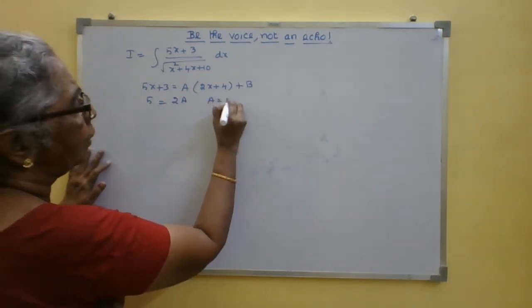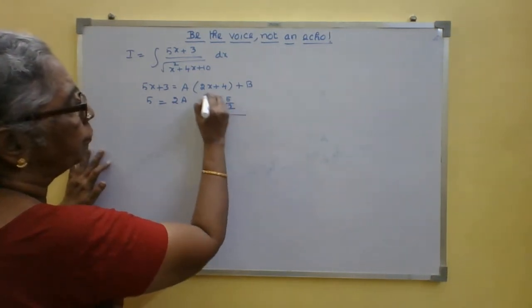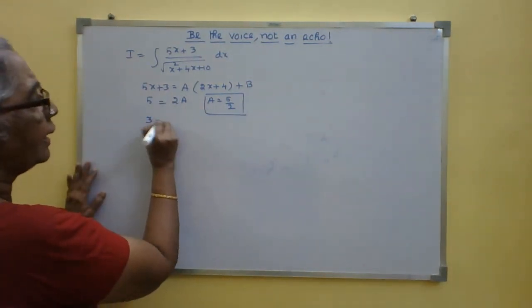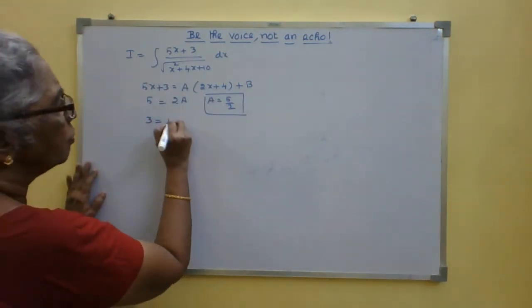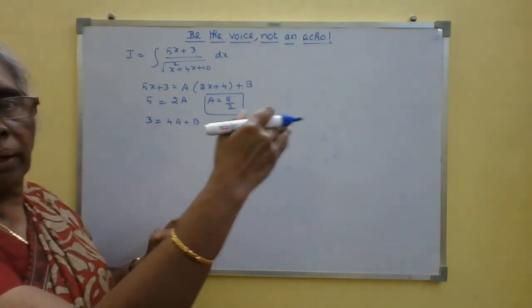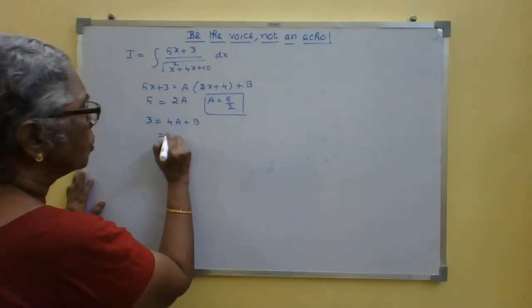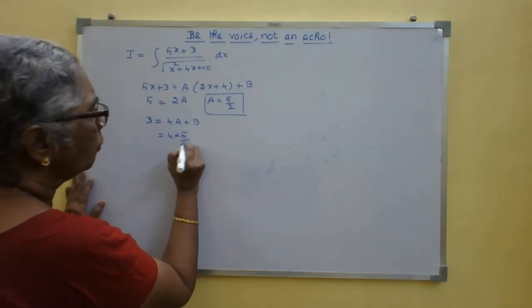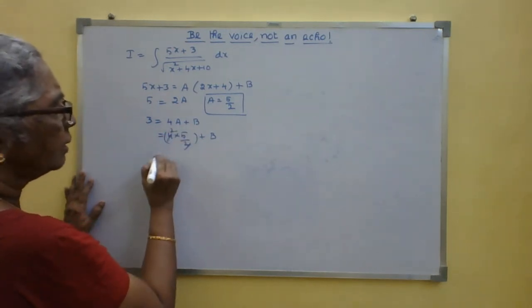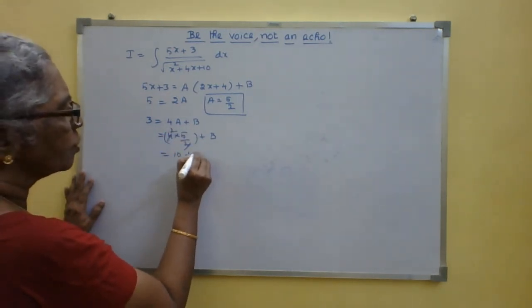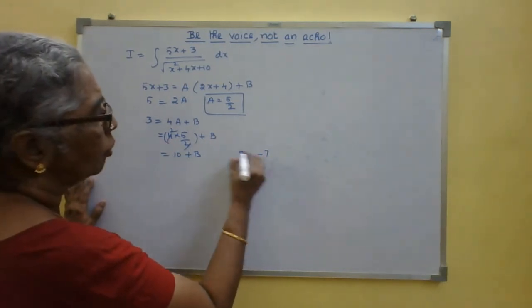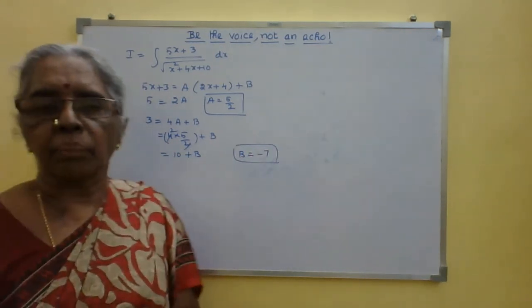So a will be equal to 5 by 2. Coming to the constant term, here you are having 3. Here the constant is 4a plus b. In the place of a, substitute the value: 4 into 5 by 2 plus b. This you can cut, so you will be getting 10 plus b. So b will be equal to 3 minus 10, you will be getting minus 7.